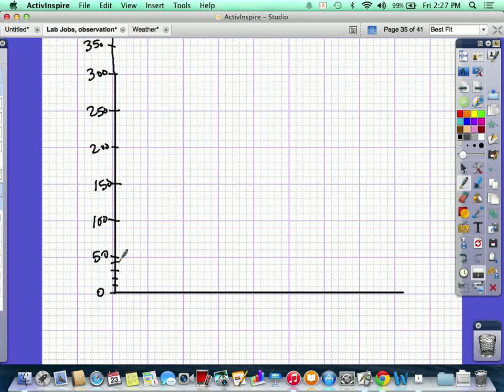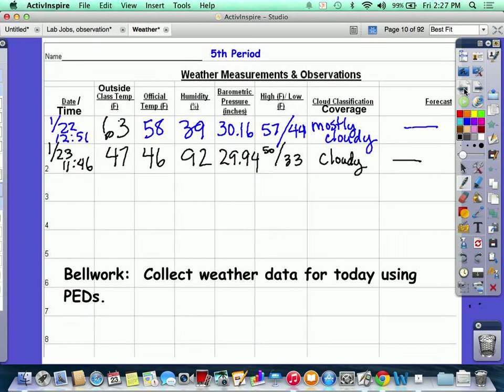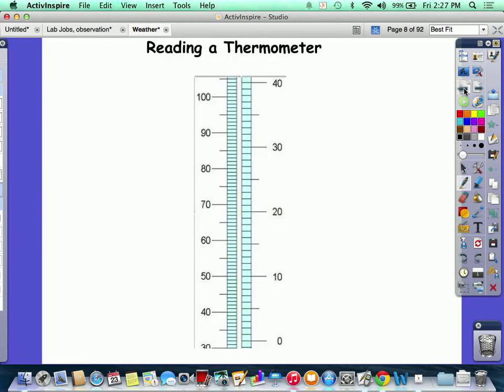Okay. Now here's the other thing. Think about what we were looking at the other day when we were talking about reading a thermometer. Look at this thermometer. Did they write a number by every single line on the scale? No. Do you have to do that? No. Why do you suppose they didn't have a number on every single line?